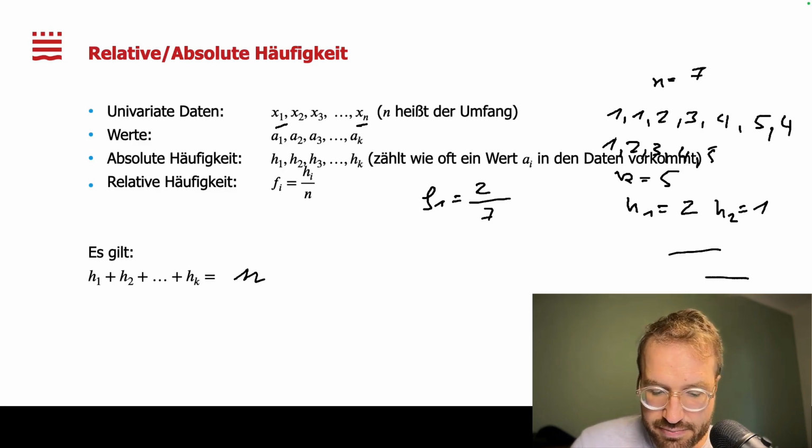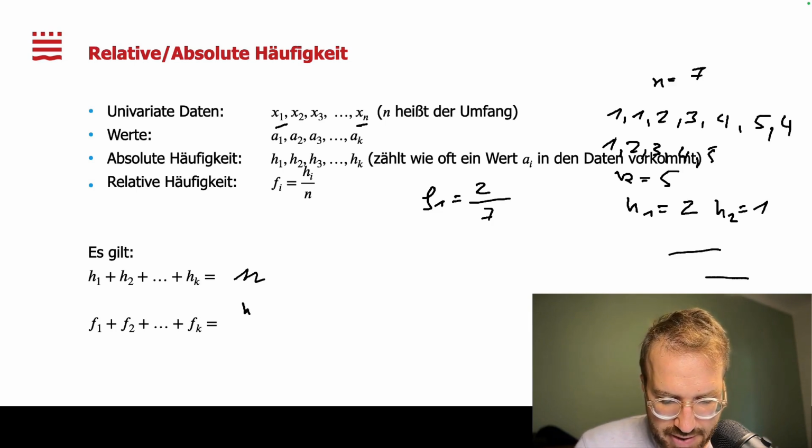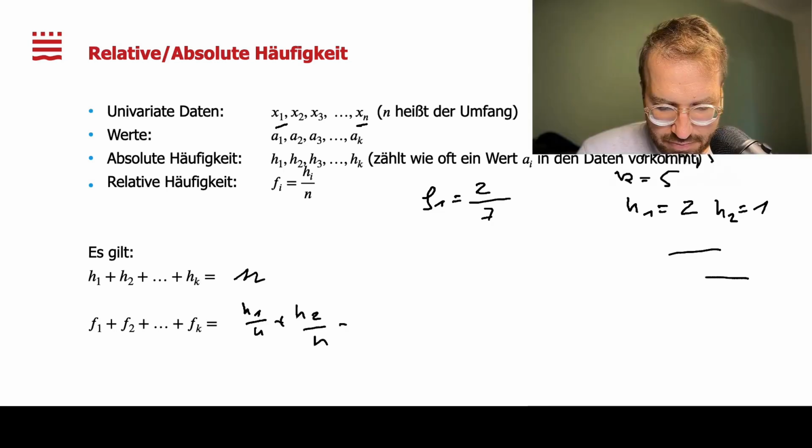The second formula is that when you add all the relative frequencies together, you get a similar formula that applies in probability theory. Then we take the sum of h_i divided by n, which means we have to add h_1 divided by n plus h_2 divided by n plus and so on.